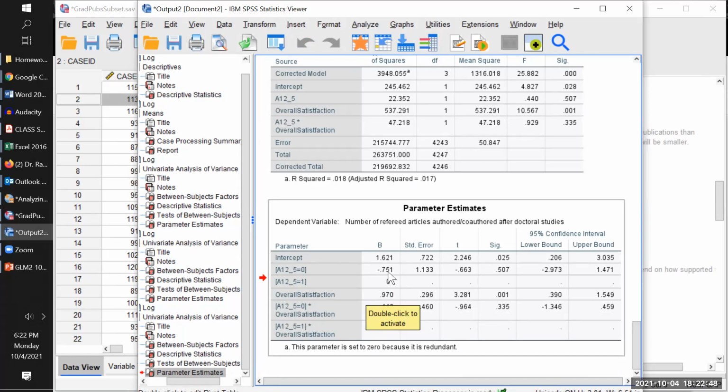It's a pretty small gap between being paid to do research and not being paid. For people who are paid, as satisfaction goes up, the number of publications goes up. Let's look at the interaction term. This is not significantly different from 0. Oh, this is also not significantly different from 0. Look at that.